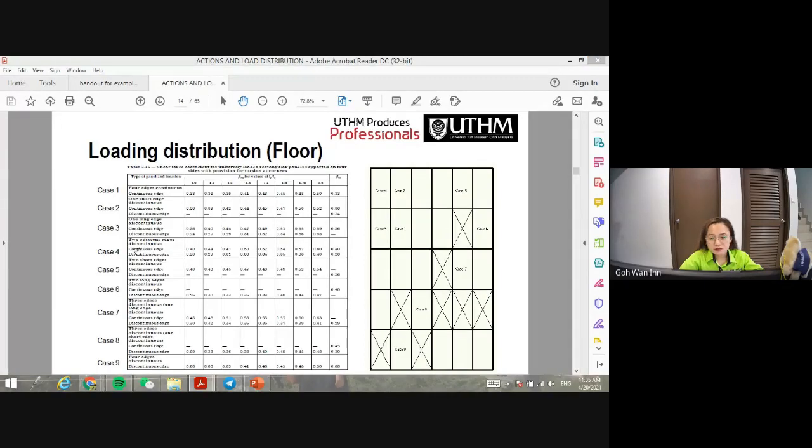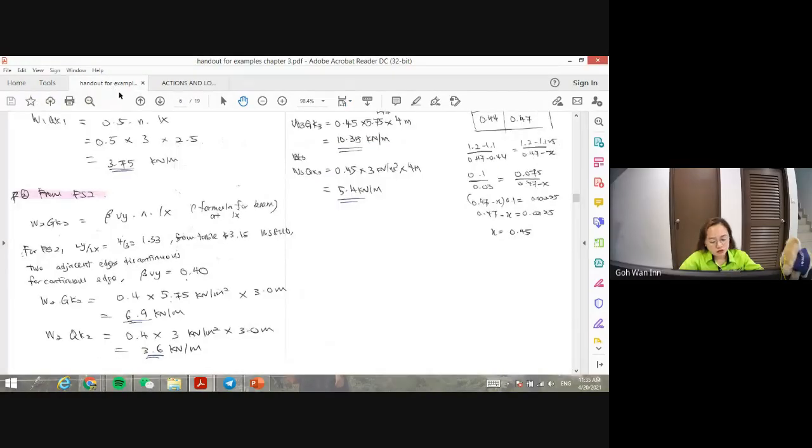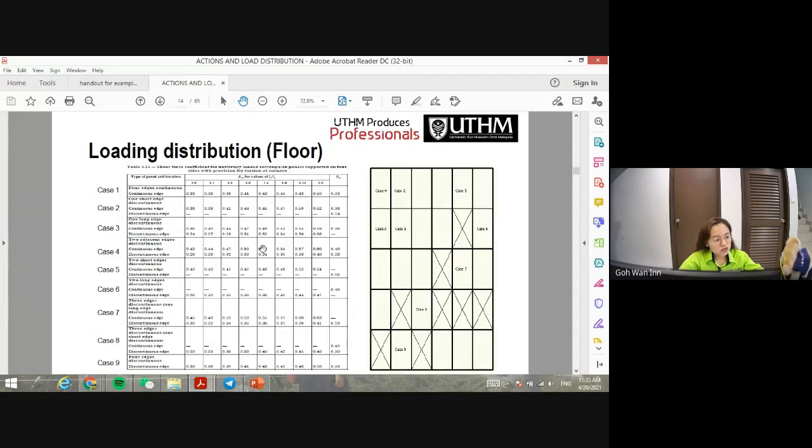Okay, so you need to get the vby. For the vby, you go to here. vby is either 0.4 or 0.26, right? Here you have two values, one for the continuous edge, one for the discontinuous edge. 0.4 and 0.26.